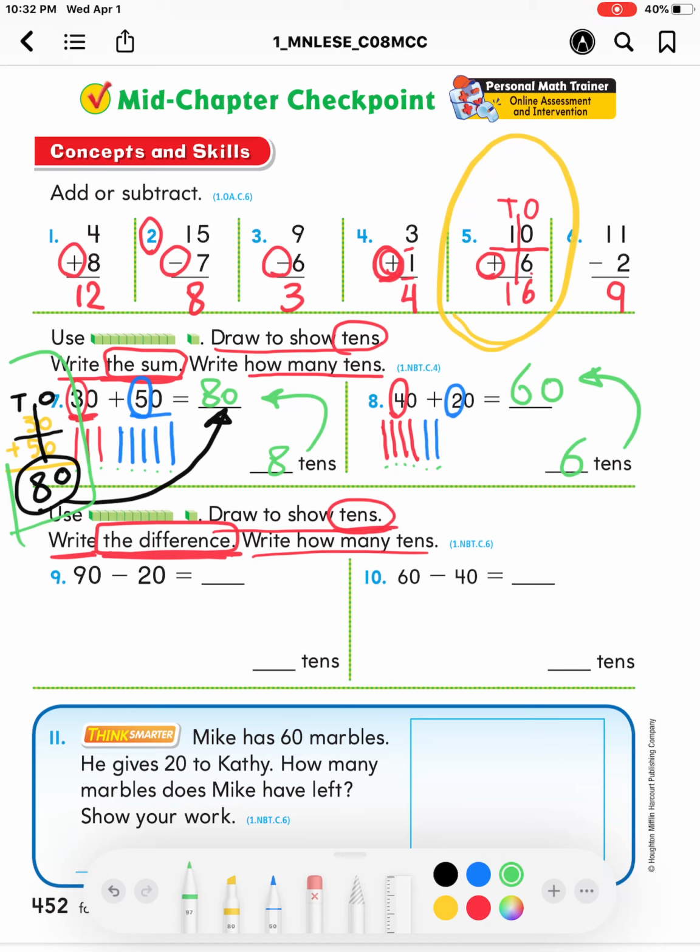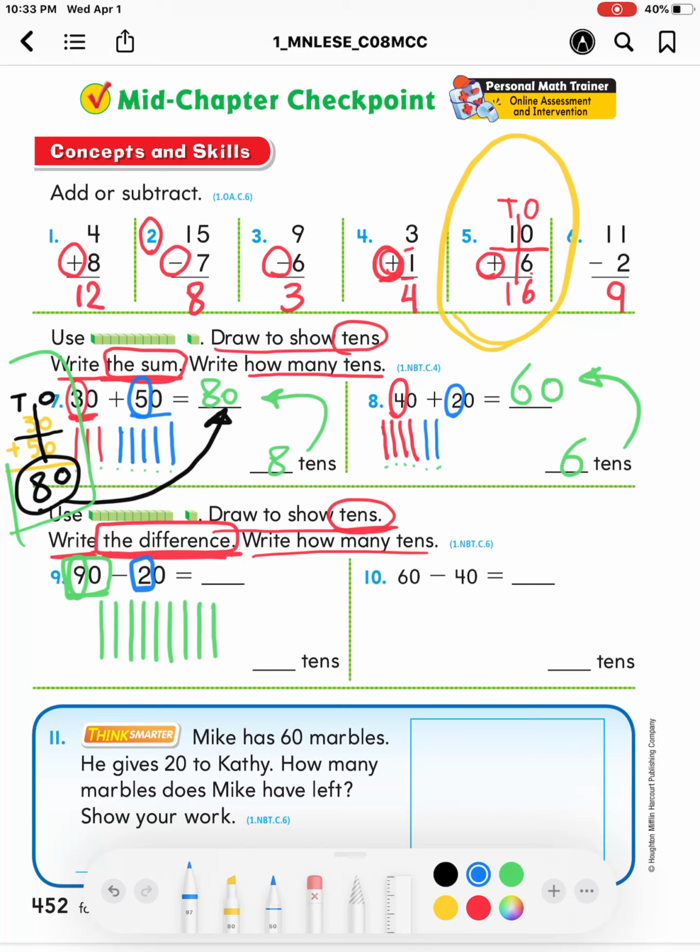So 90 minus 20. Let's do it and write how many tens. Let's do it together. Here we have 90, which means how many tens? 9. So we will draw 9 tens. 1, 2, 3, 4, 5, 6, 7, 8, 9. Good job. And we will take away what? 20, which means how many tens? 2 tens.